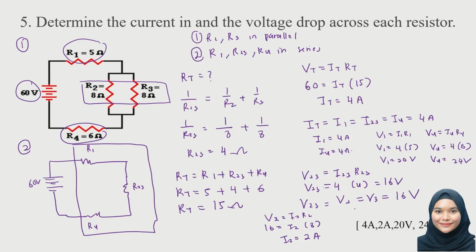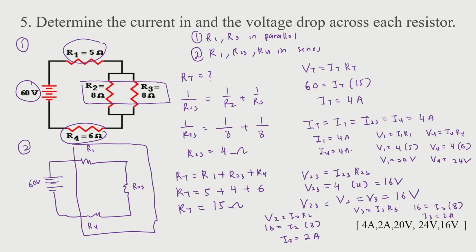And next, we are looking for the current that flows through resistor 3. We know the voltage across resistor 3 is 16 and the resistance of resistor 3 is 8 ohm. So, it is 2 ampere as well.